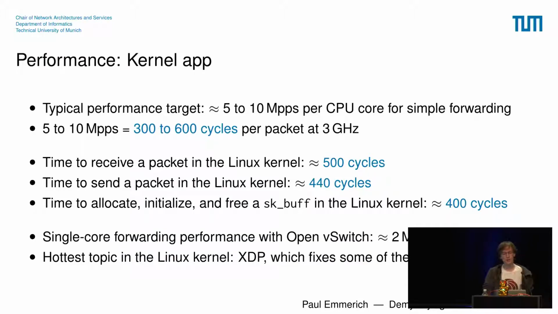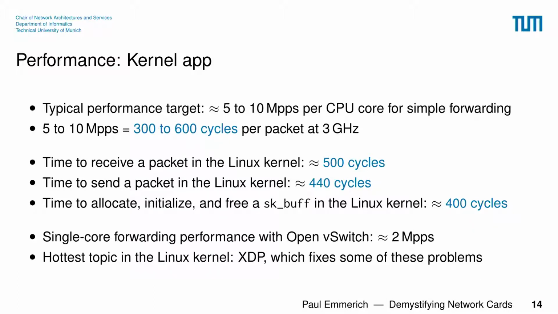So if we measure a real-world application, single core packet forwarding with Open vSwitch with the minimum processing possible, one OpenFlow rule that matches on physical ports, the processing I profiled at around 200 cycles per packet, while the overhead of the kernel is another 1,000-something cycles. So in the end, you achieve 2 million packets per second. And this is faster than our user space stuff, but still kind of slow. Well, we want to be faster because, yeah.